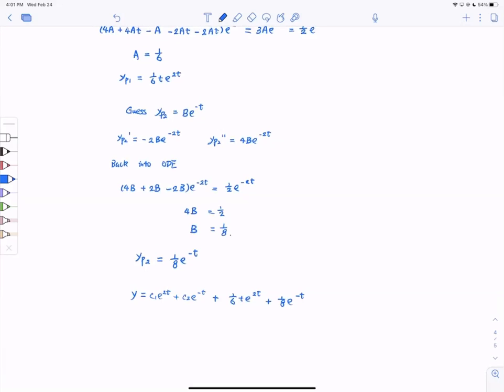Shouldn't that be 2t, not just t? When you solve for b and plug it back into the equation, shouldn't that be negative 2t? No, here it's b e to the negative t.